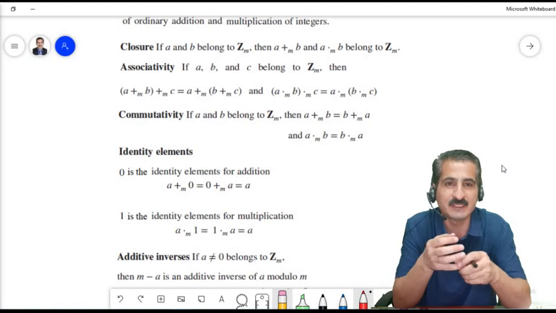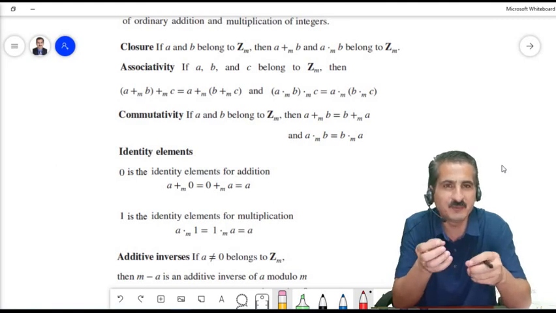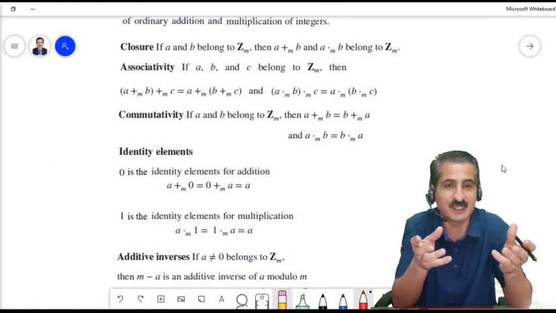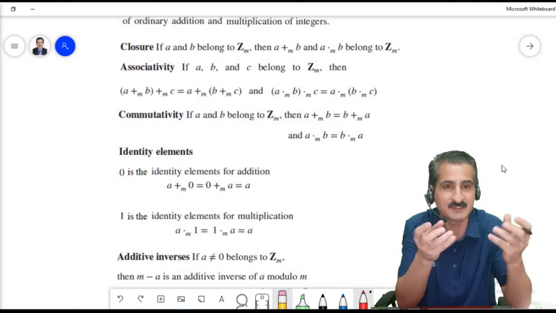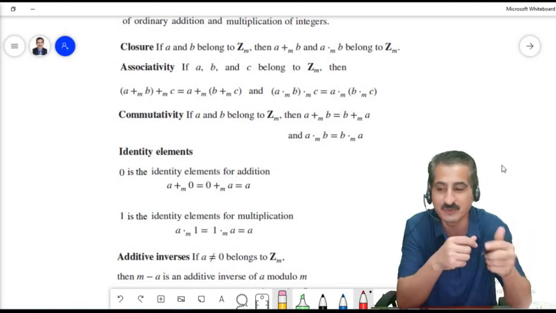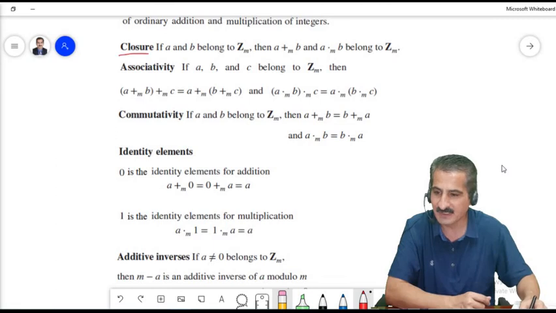You know that one of the properties is that if you take two integers and add or multiply them, the result is an integer. So the first thing is closure.